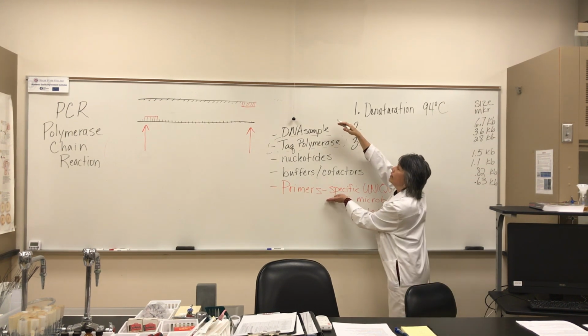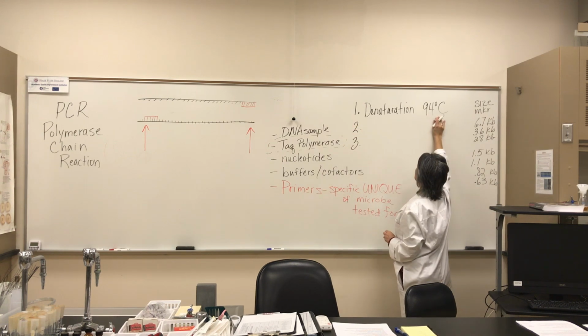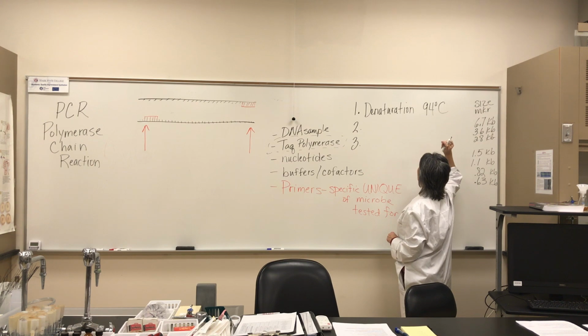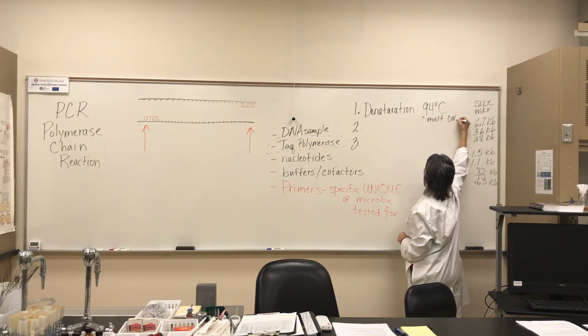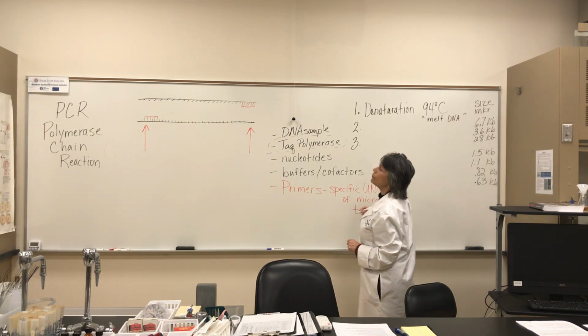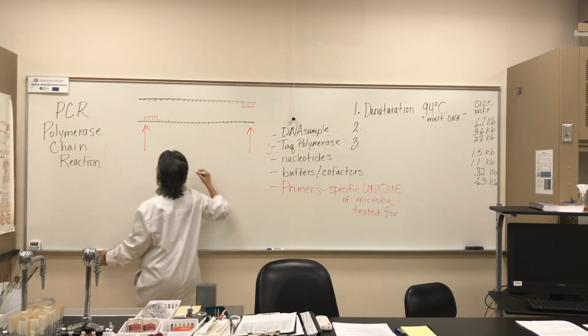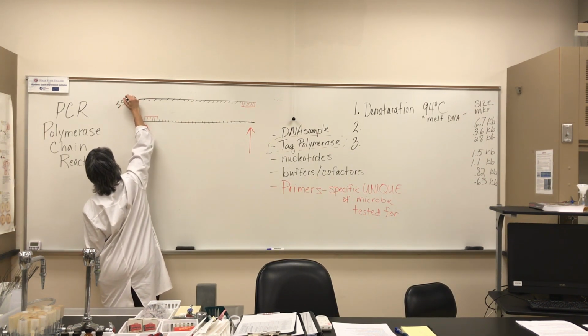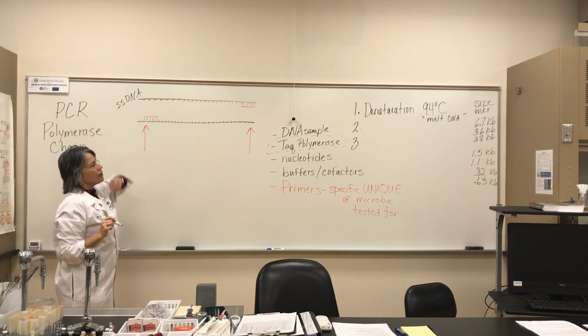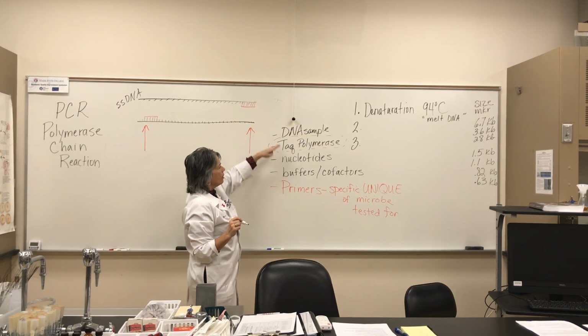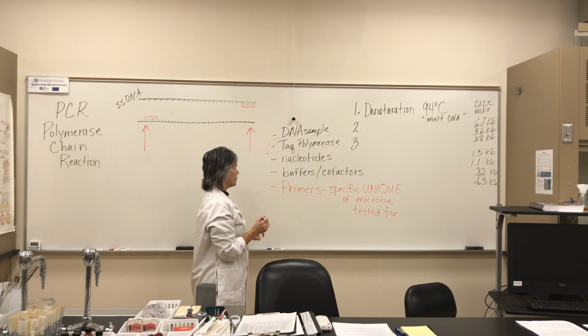So everything in the PCR reaction tube gets heated up to 94 degrees Celsius. What happens there? We melt the DNA. It's going to go from being double-stranded to being single-stranded. All right, just single-stranded DNA now with our other ingredients.